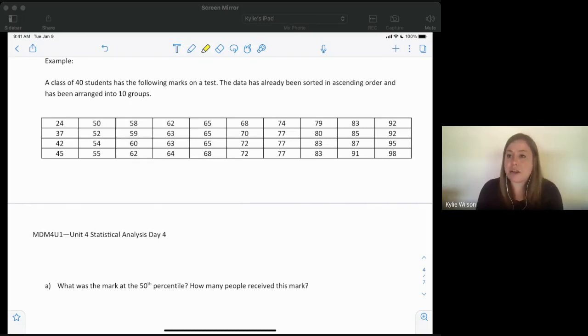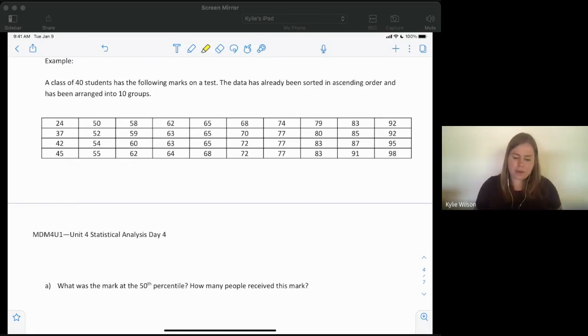The data has already been sorted for us in ascending order, and it's been arranged into 10 even groups. So we've arranged it into groups that are even. And very often you'll find that we're arranging them into 10 groups just because that is a good number and that's really as small as we can get. And that will still work with 100.